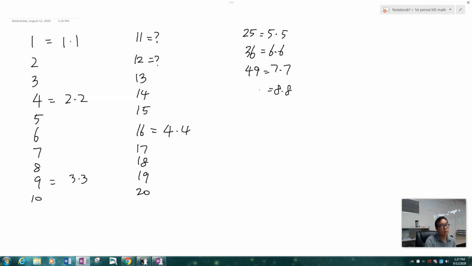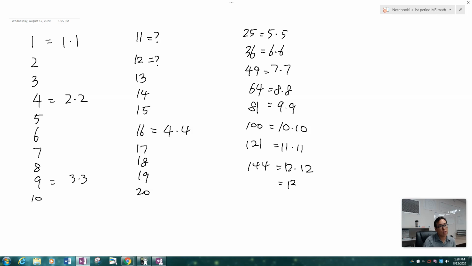8 times 8, 64 is a perfect square. 9 times 9, 81 is a perfect square. 10 times 10, so 100 is a perfect square. 11 times 11, therefore 121 is a perfect square. 12 times 12, therefore 144 is a perfect square.